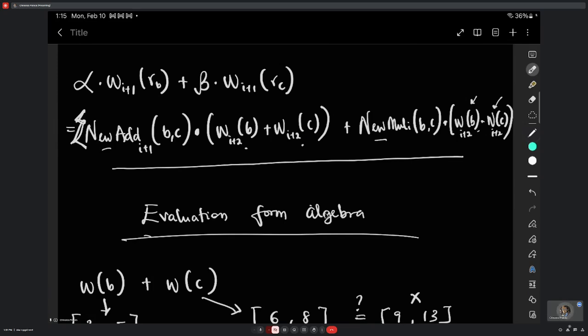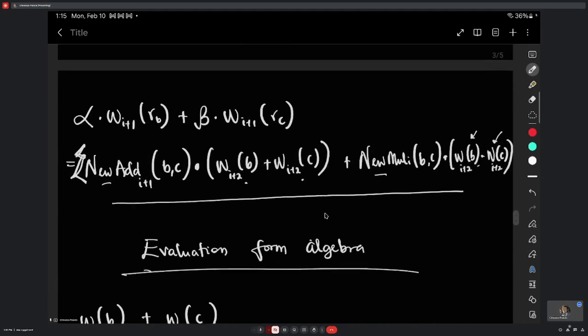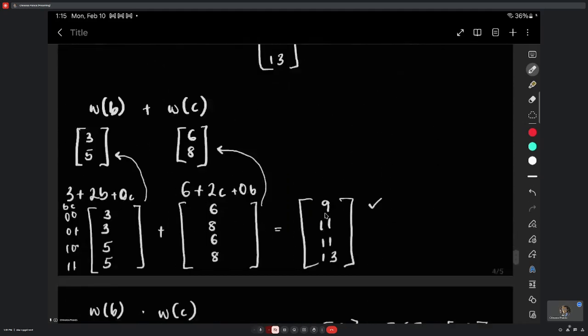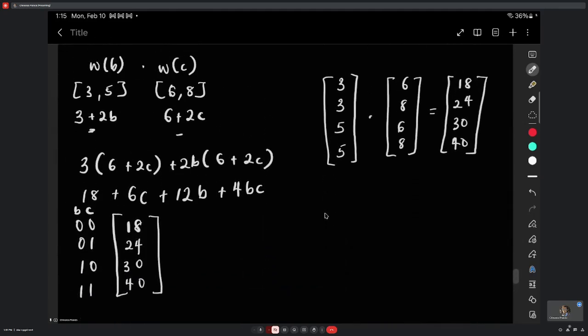So is that making sense? Any questions so far? No questions, right? Okay. So basically, based on this, do we have an idea of how we are going to do the expansion?